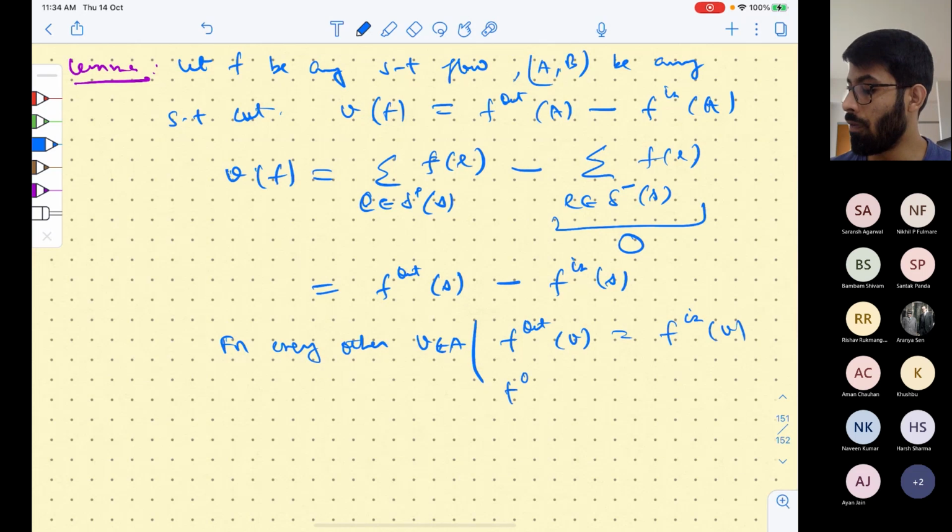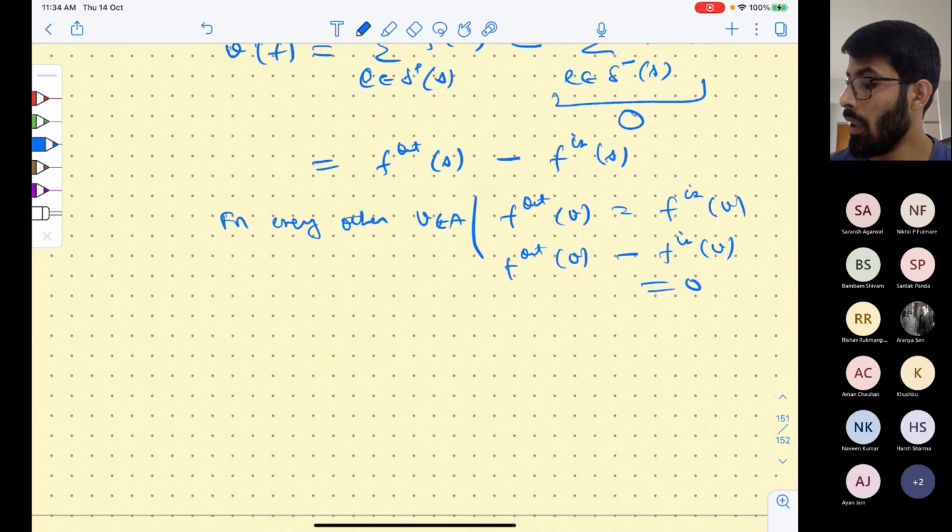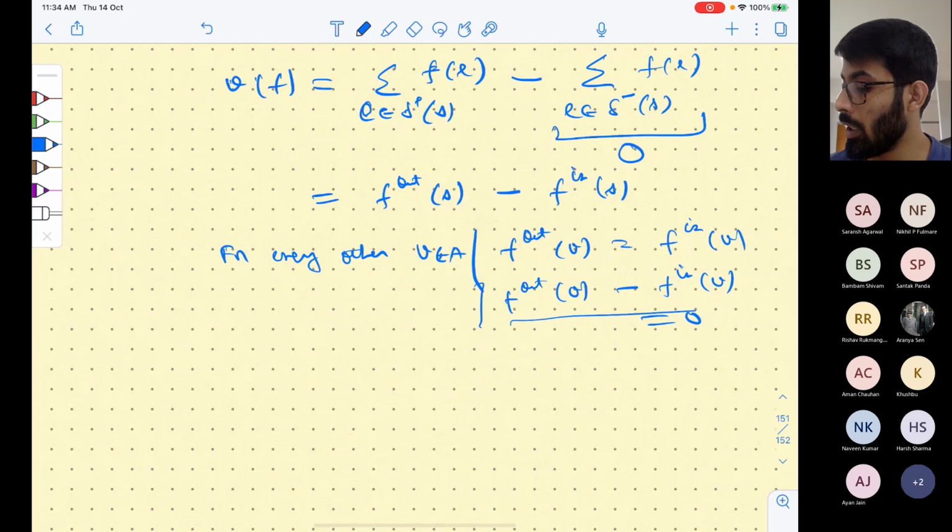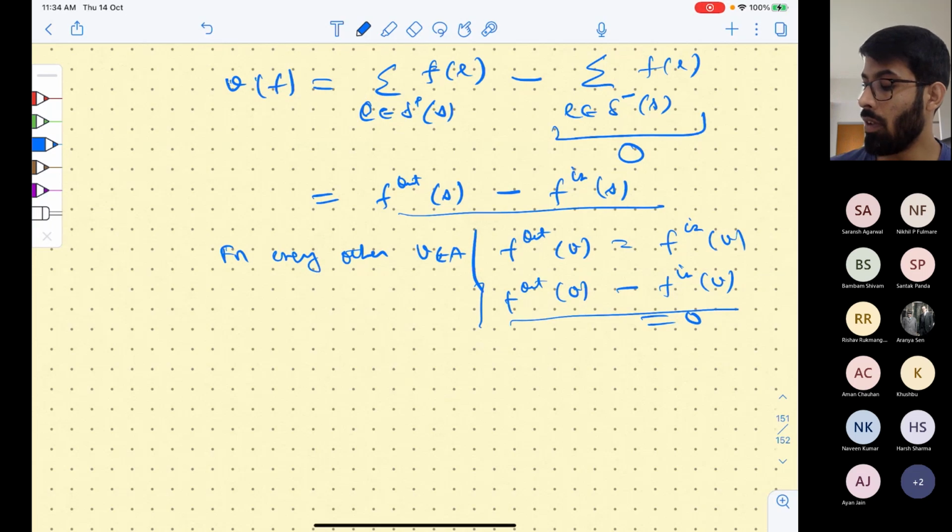Or F out of V minus F in of V is equal to 0, right? So good. That means we can sum these up, because this is 0 and this is exactly F.